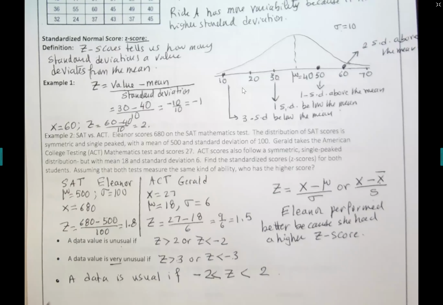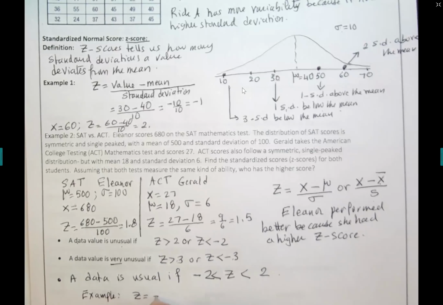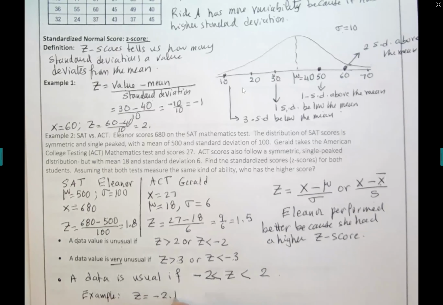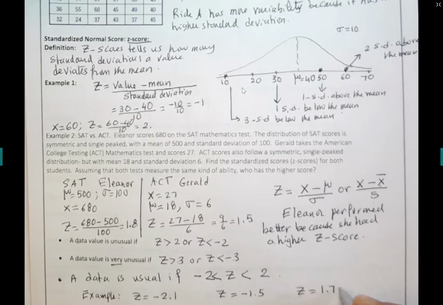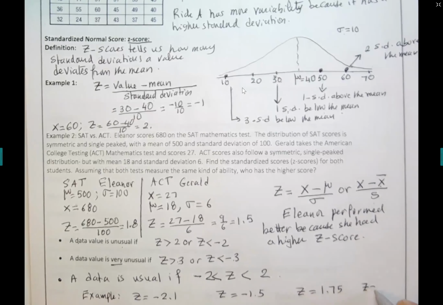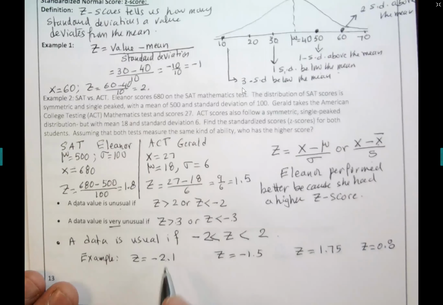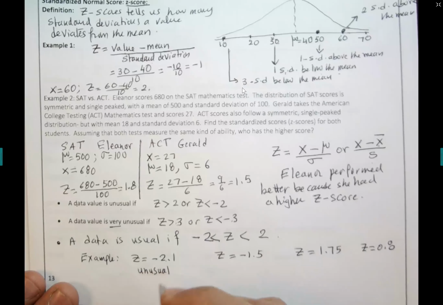For example, let me write a few and you tell me. Okay. The -2.1, guys, it's below -2, so that's unusual.